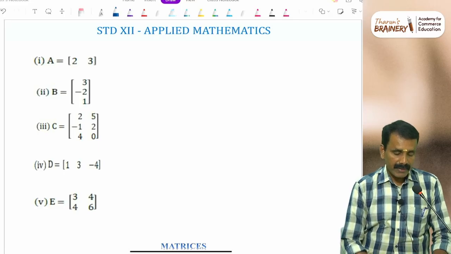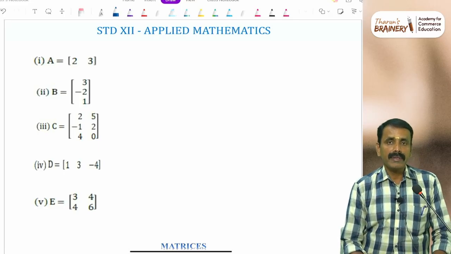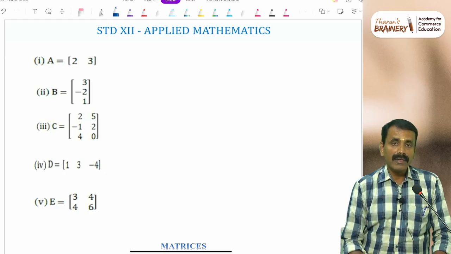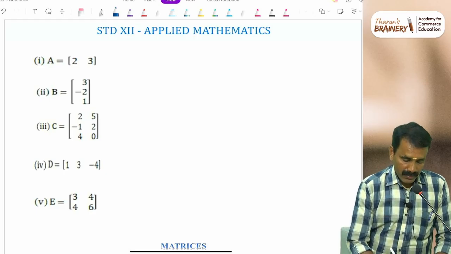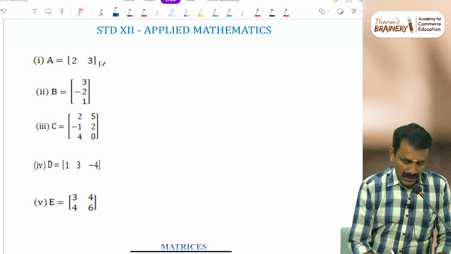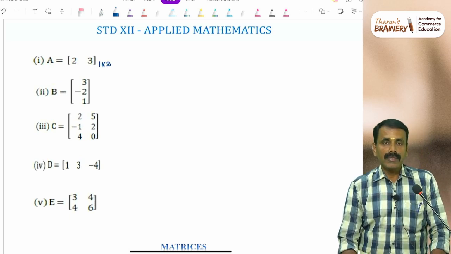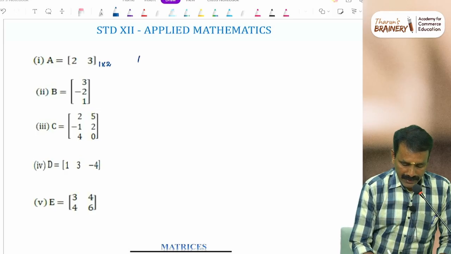How to identify? How many rows is it going to contain? It is containing only one row. And how many columns is it going to have? 2 columns. So, it is a row matrix. This is called a row matrix because it is going to have only one row.